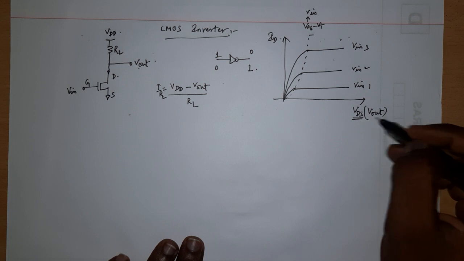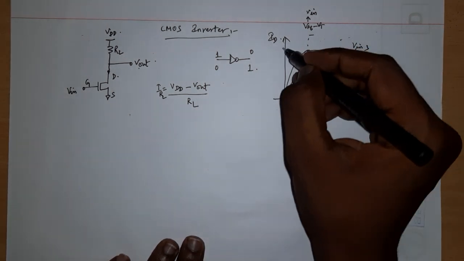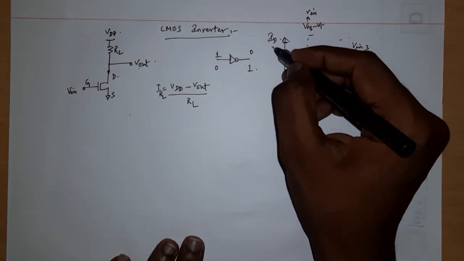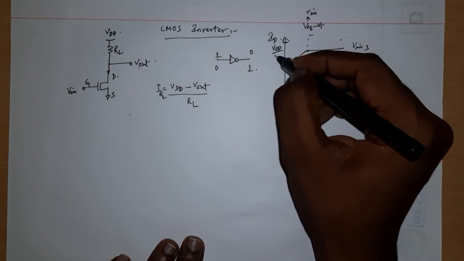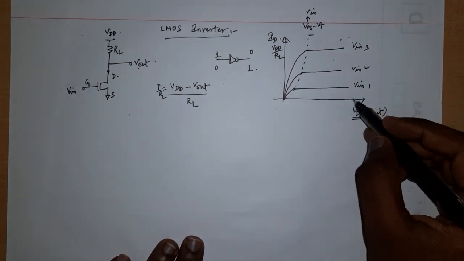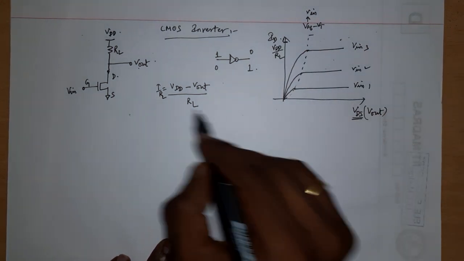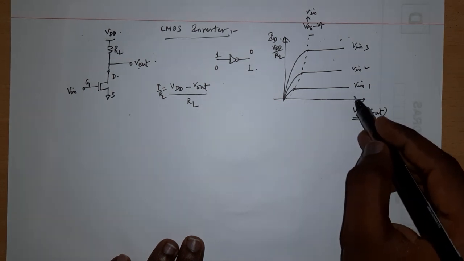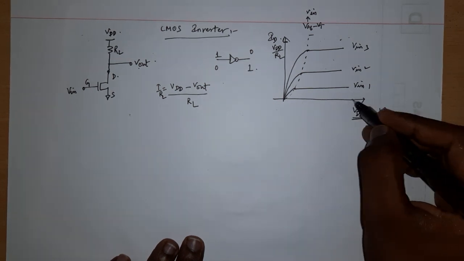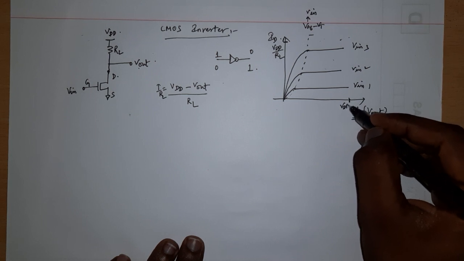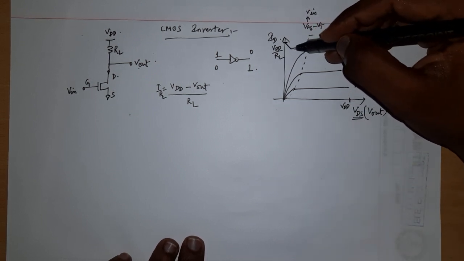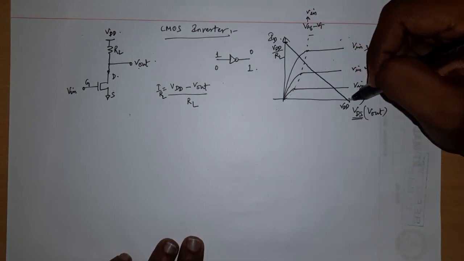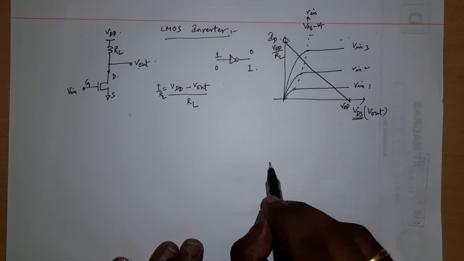When Vout is equal to 0, you are going to get the intercept somewhere here, which will be VDD by RL. And when IRL is equal to 0, you are going to get this intercept, which is nothing but VDD itself. Then connect these two points. So this is the load line, right?